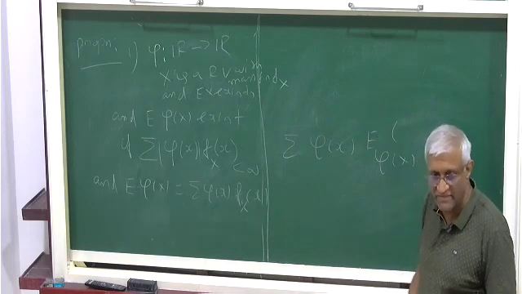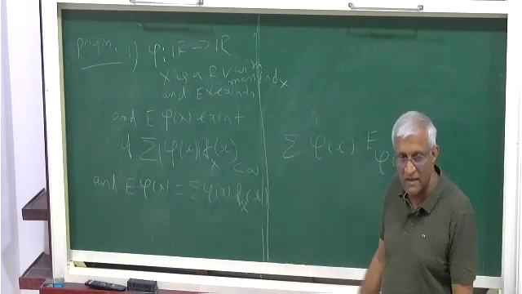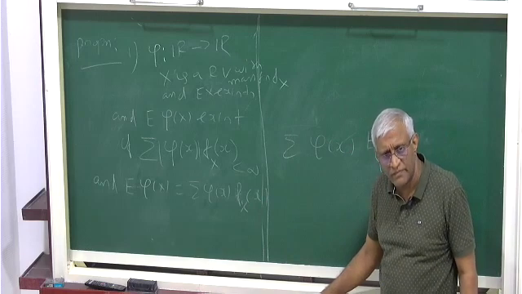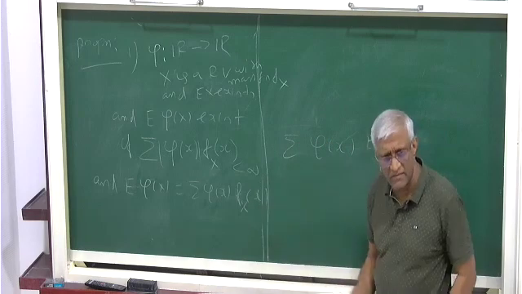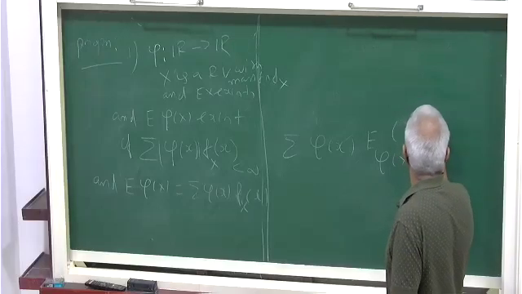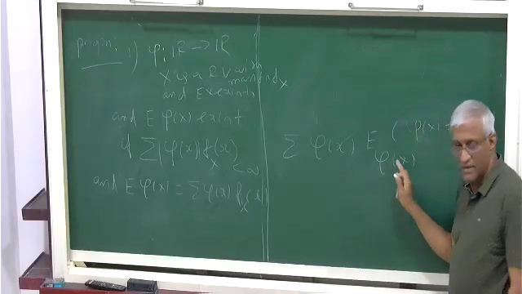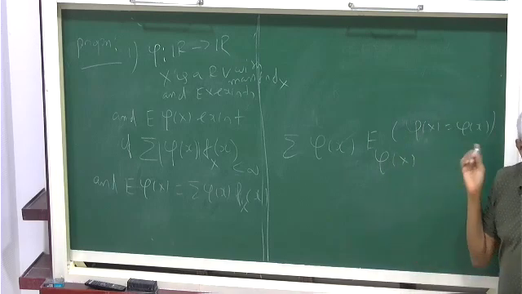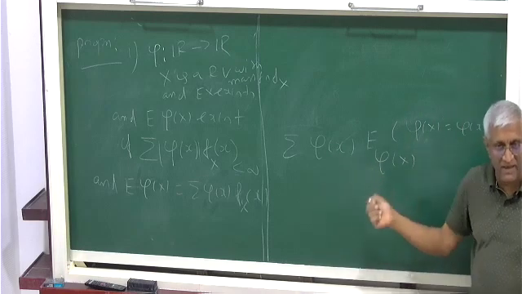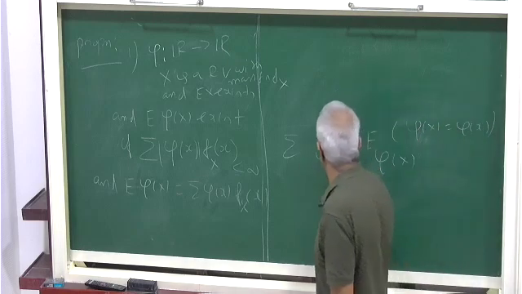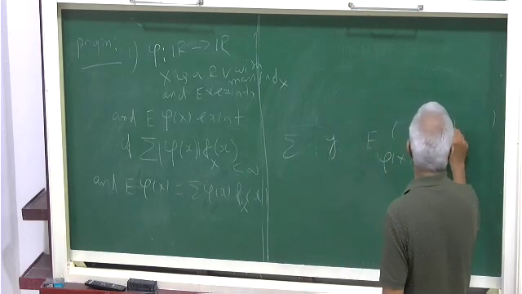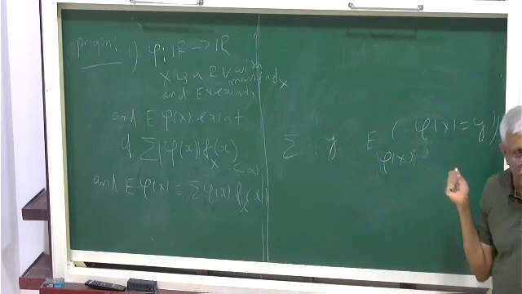If phi is any function, then, by the previous definition, if you want to compute the expectation of the random variable phi of X, you are supposed to sum over y the value y times the probability that phi of X equals y.